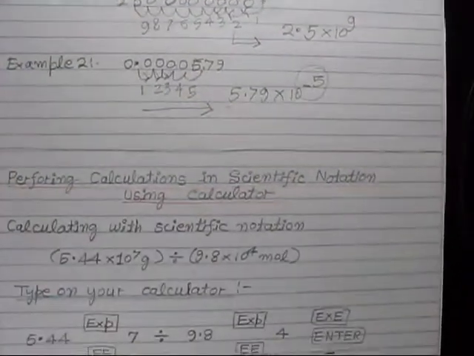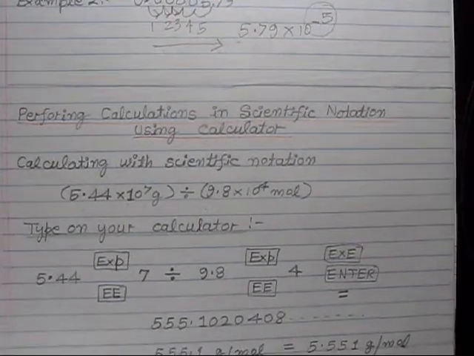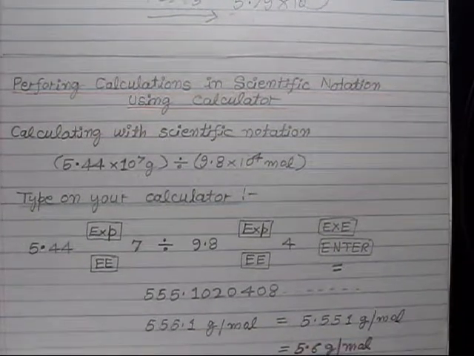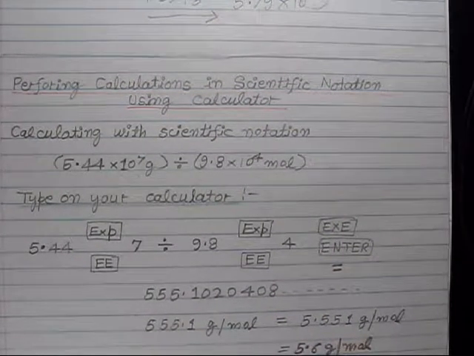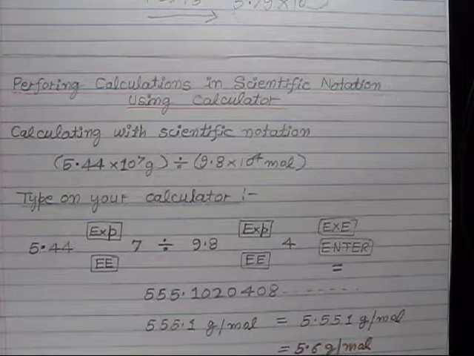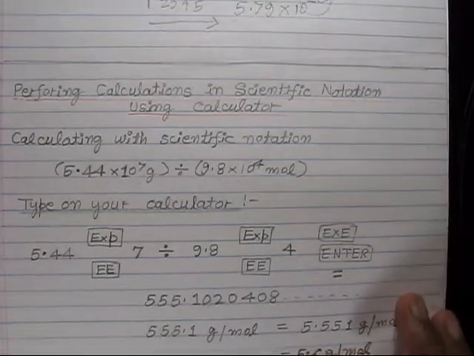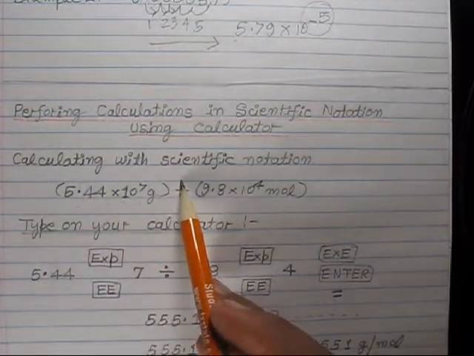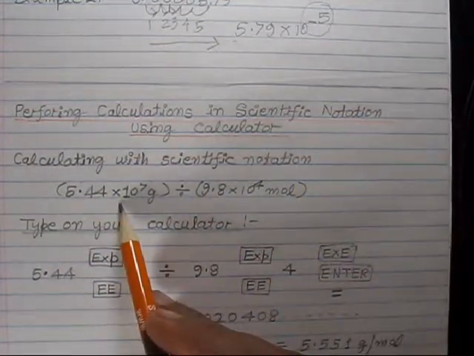And let's take one more example. So far we have seen scientific notation and its calculation without using a calculator. Let's see how to solve this question if we have to calculate with scientific notation using a calculator.